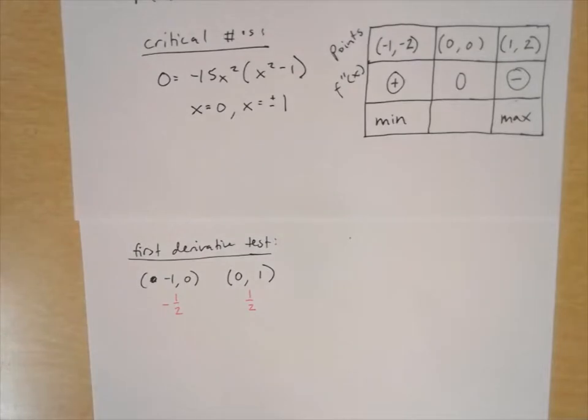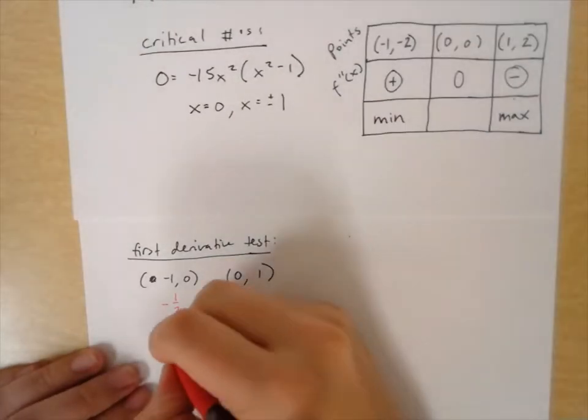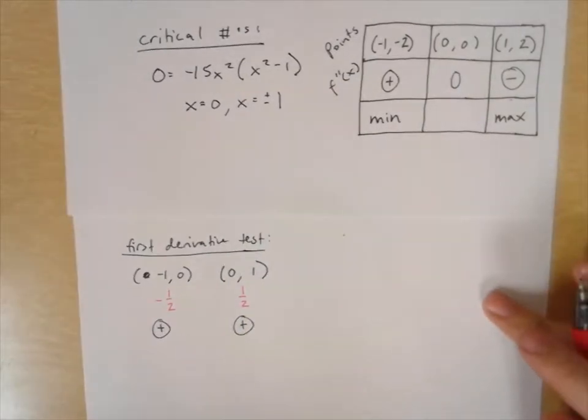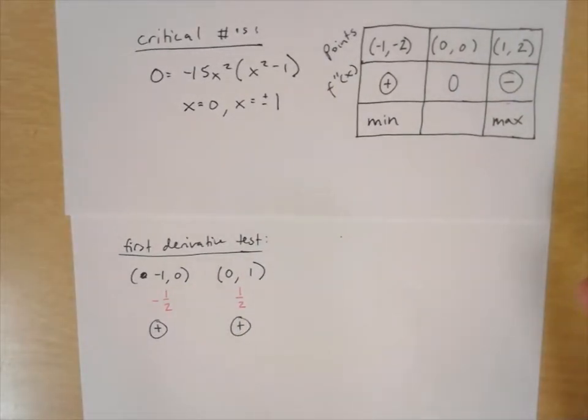If I substitute those numbers into my first derivative, what I get is a positive number and another positive number. So it doesn't really help me that much to see what's happening here.